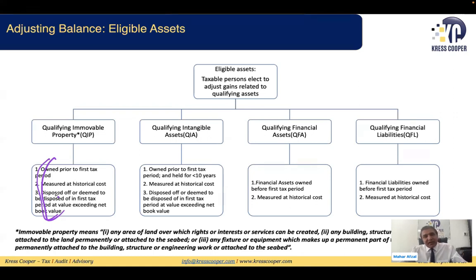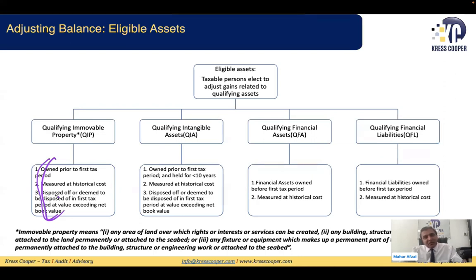These 4 qualifying assets, and in the respective ministerial decision, businesses, taxable persons are eligible for the pre-tax gain to be opted out for these 4 qualifying assets. So what is the immovable property? Immovable property has been defined in the respective decision. Immovable property means any area of the land for which rights or interests or services be created. Very simple.